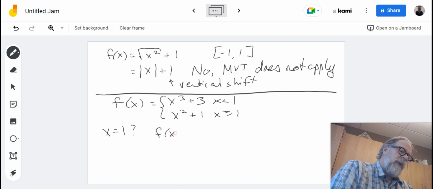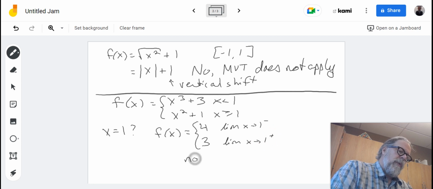This gives 4 and 3. So this is the limit as x approaches from below and the limit as x approaches from above, and therefore this is non-continuous, and therefore the mean value theorem does not apply.